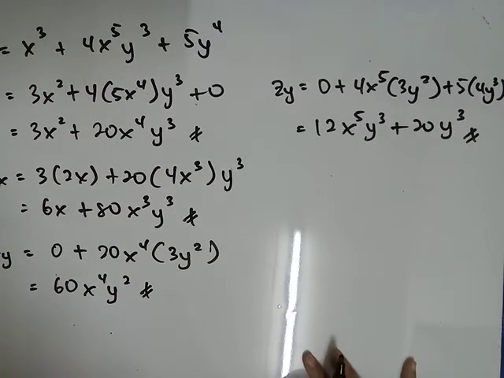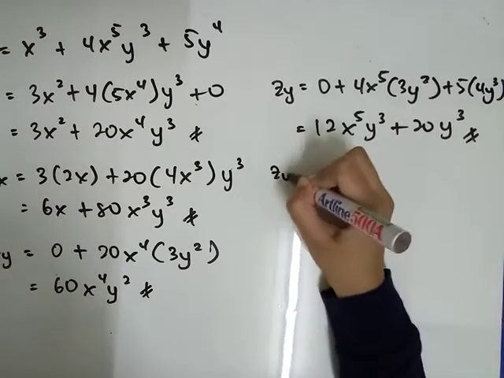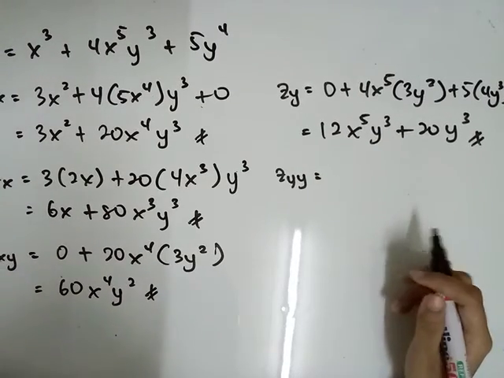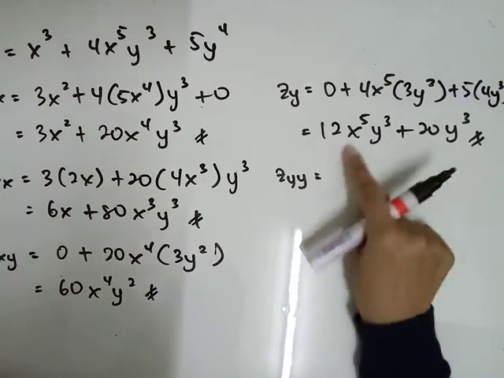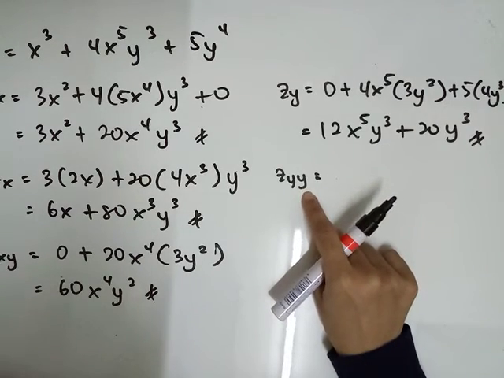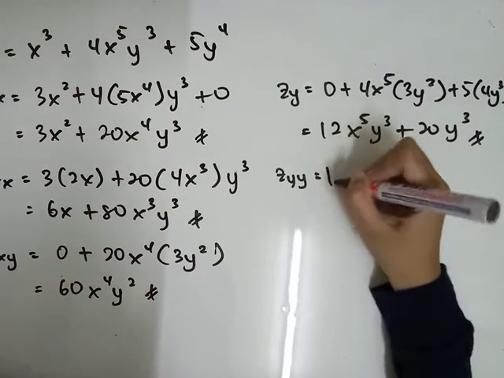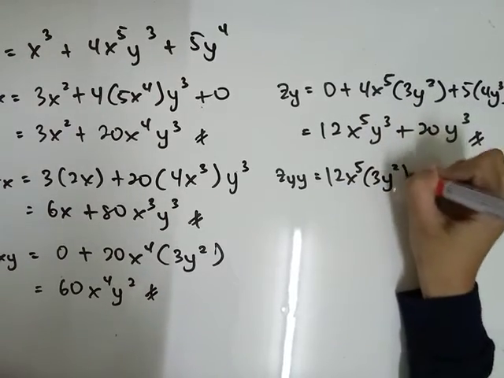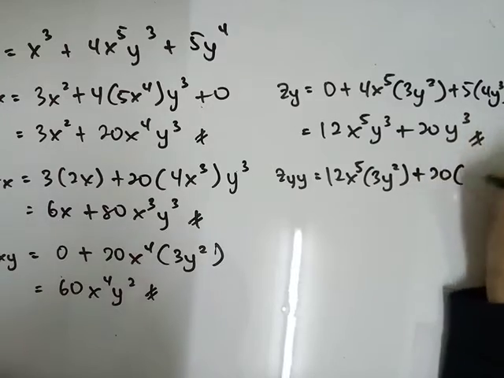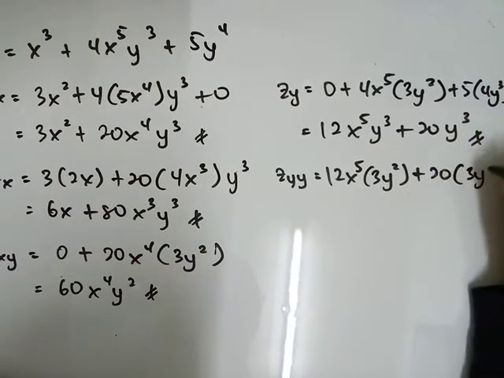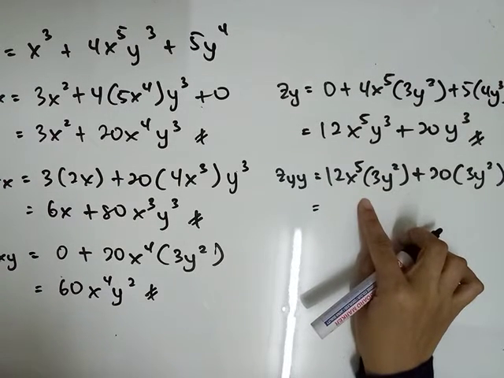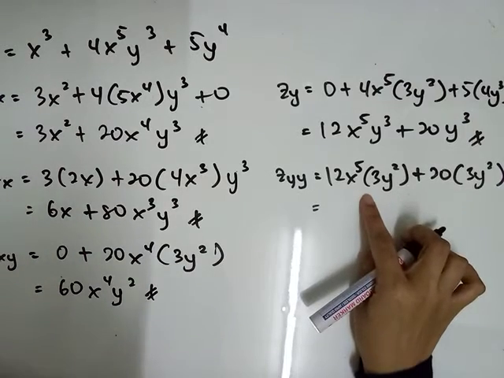Okay, what about zyy? Zyy, that means from zy, second derivative with respect to y. So 12x power 5 is constant. Differentiate y squared, we get 2y.